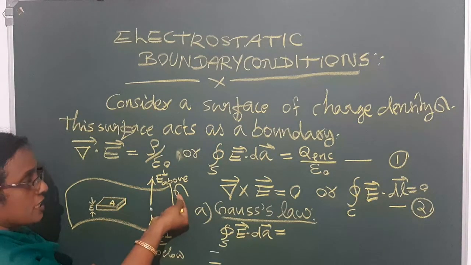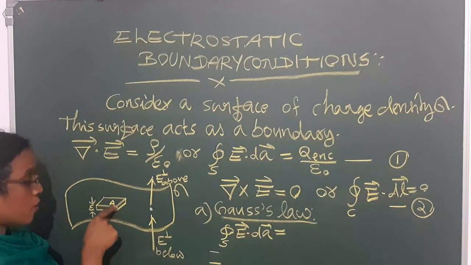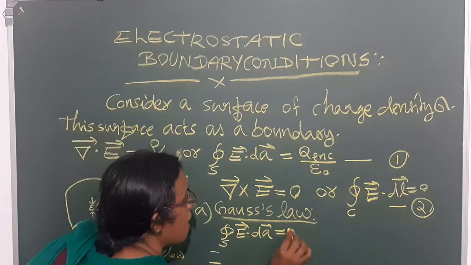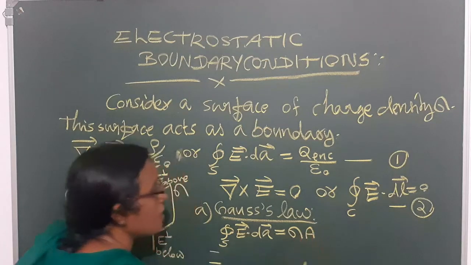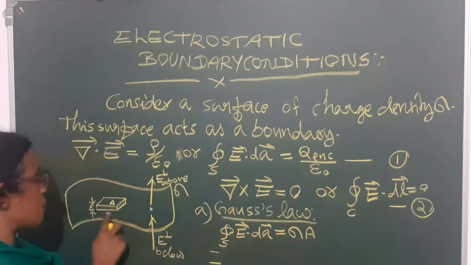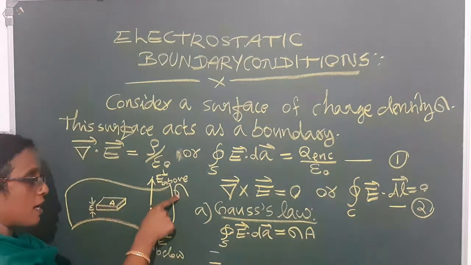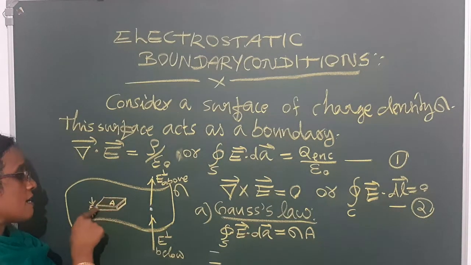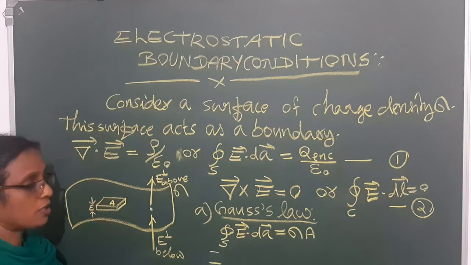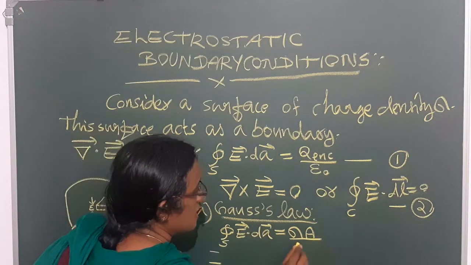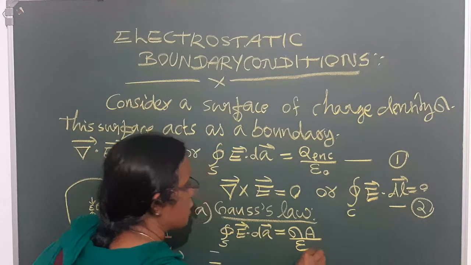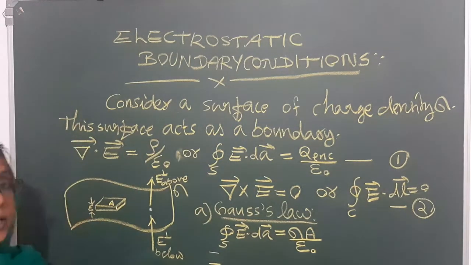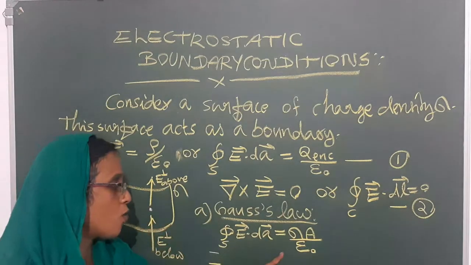The surface charge density is sigma, so the Q enclosed by this pillbox is sigma A, where sigma is the surface charge density of this surface and A is the area of this pillbox. So you get sigma A by epsilon 0.